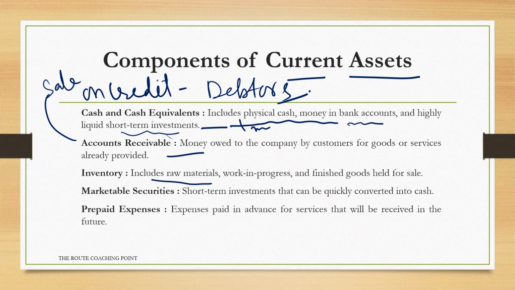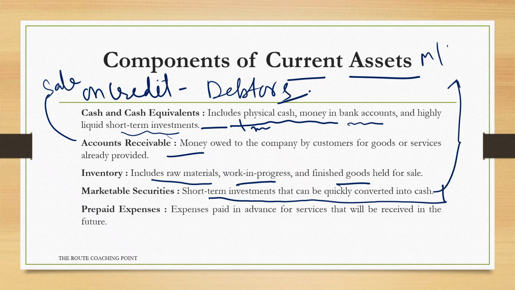Inventory: raw material, work in progress, finished goods, all come under current assets. Marketable securities: short-term investments that can quickly be converted into cash, like mutual funds, investment in government bonds or corporate bonds, even gold.